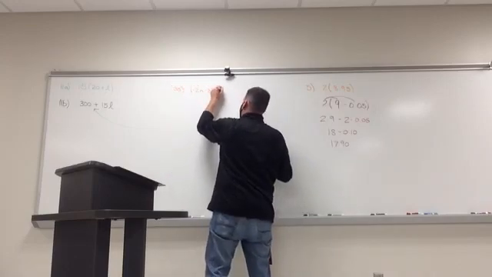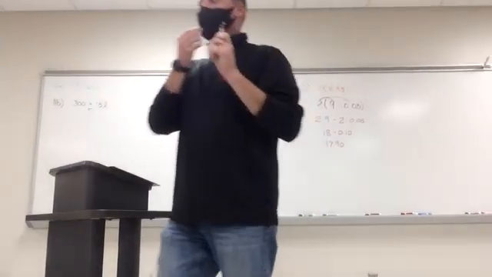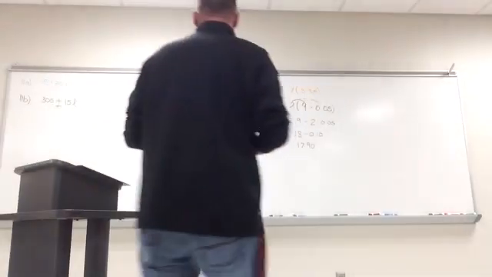So here's what I want to point out, and then we'll confirm this when we get done. I am distributing through what type of number? A negative. So what did we say? When we multiply by a negative, what's going to happen? All of our signs are going to change. So that means that my first number should become positive, and my minus should actually become a plus. Let's see how that's going to happen.